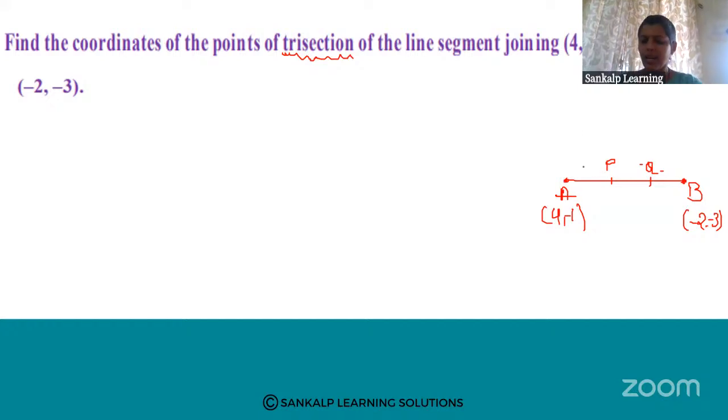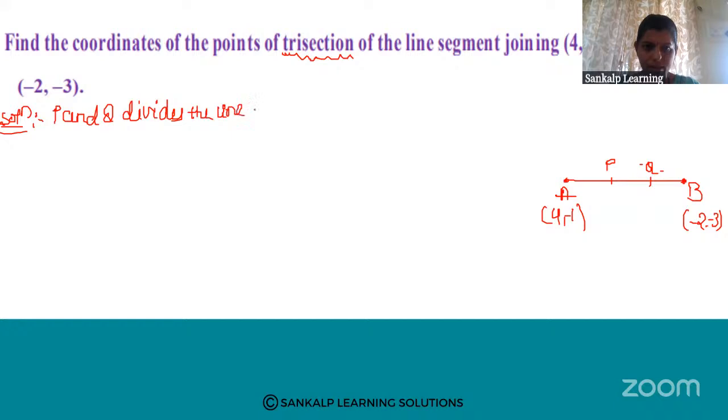That we call a trisection. Solution. Here, P and Q divide the line AB into 3 parts.